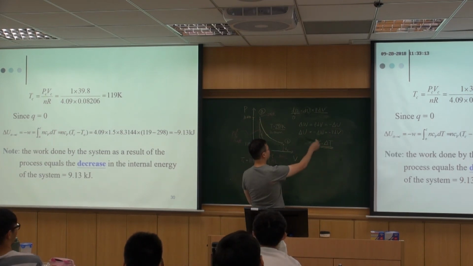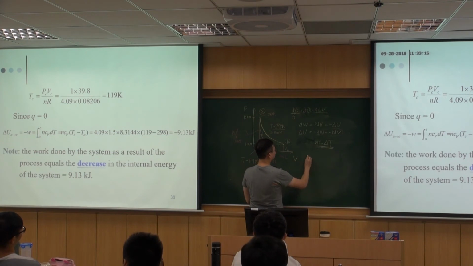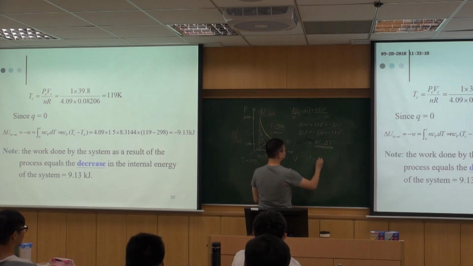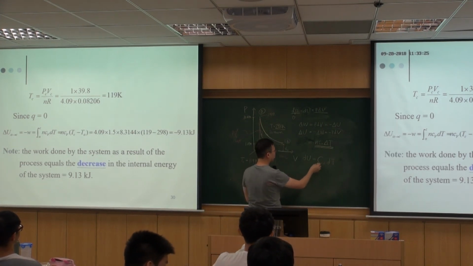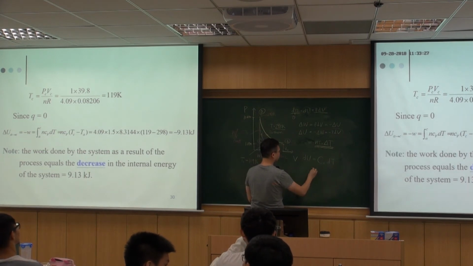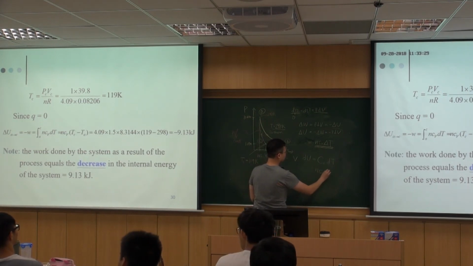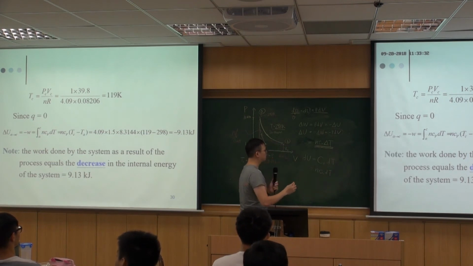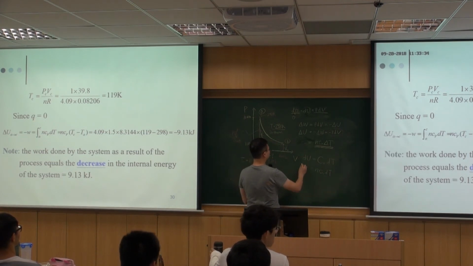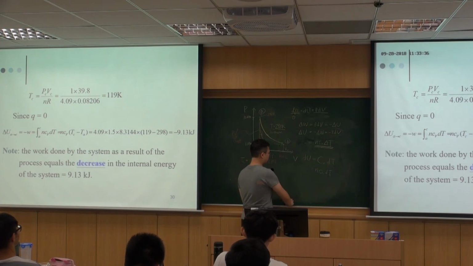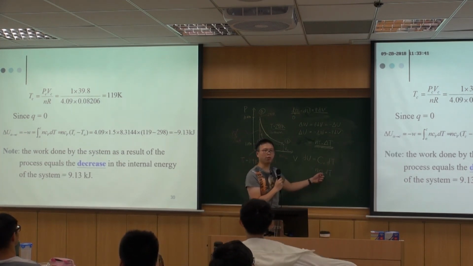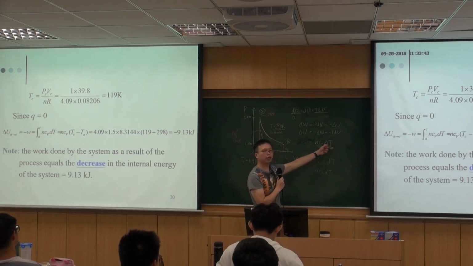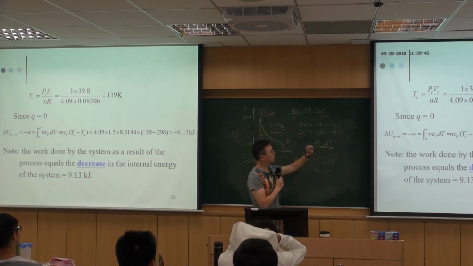And the reason why this can be written like this is because we know dU is CV dT, and note that this is the capital CV. So if you want to calculate the difference between the initial and the final state, you use this one. And this is independent of temperature, so eventually this is just delta T.